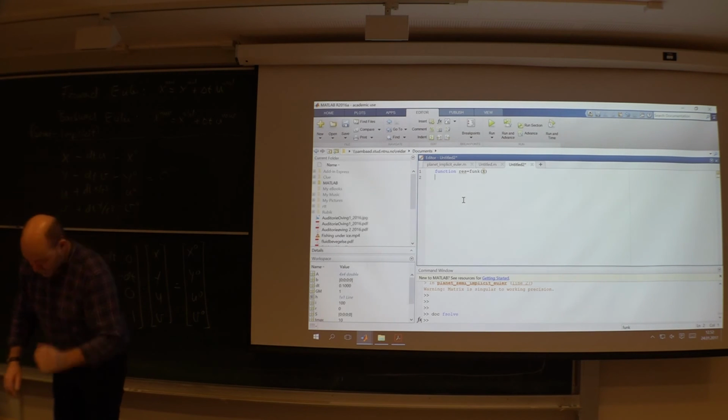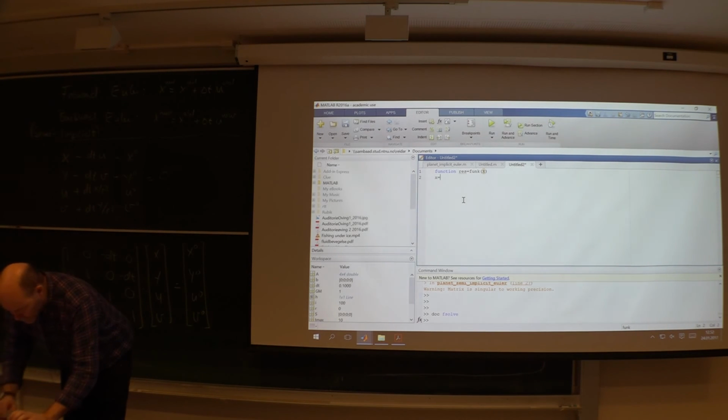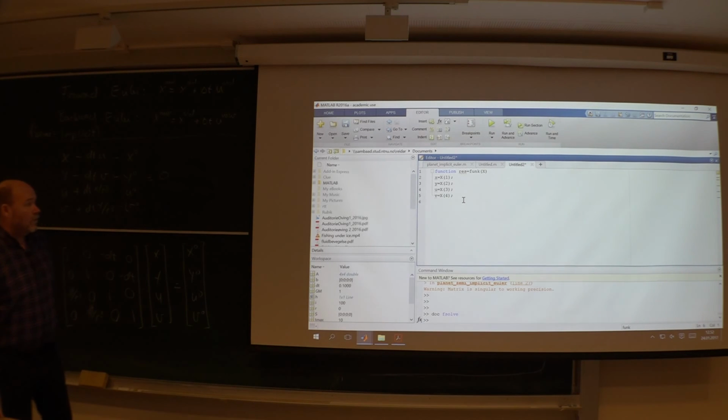So then we have to translate my x equals big X number 1, and so forth. y equals big X number 2. u equals number 3. And v equals number 4. There we have it.